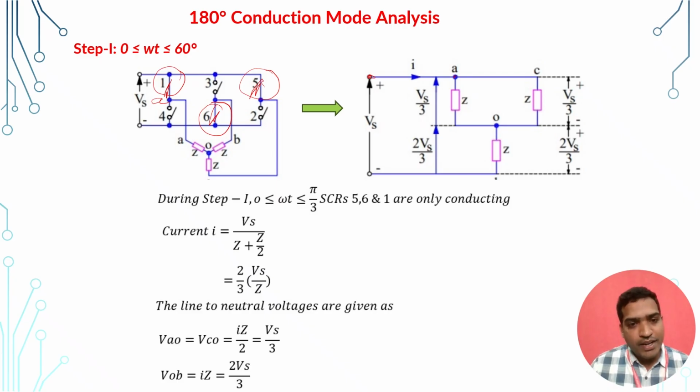Here we have connected one impedance Z, and we have a neutral point, which is the O point.